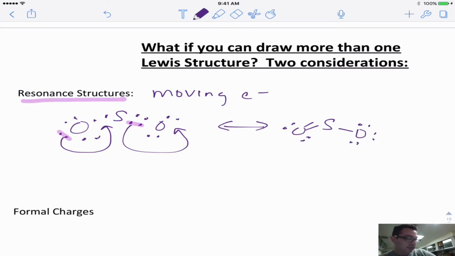So here we have resonance structures. Which one's correct? You might think, well, I like the one on the left, or I like the one on the right. It turns out that they're both correct. So we have what's known as equivalent resonance structures.